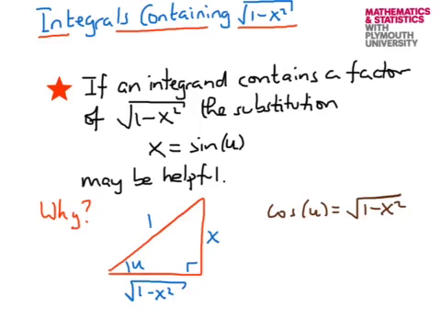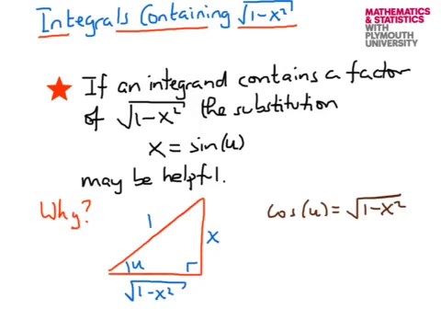So if my integrand contains such a factor, I'm going to be able to write it in terms of u in a way that's not too complicated. It's just the cosine of u, and I can therefore have a hope of being able to calculate the integral. And this is the basic reason why such a substitution is helpful.